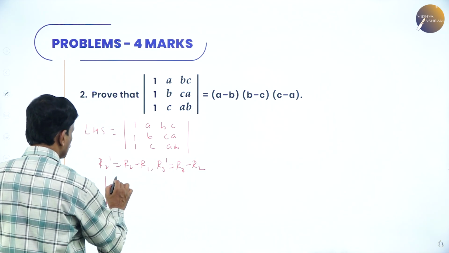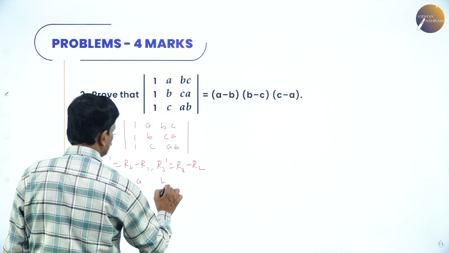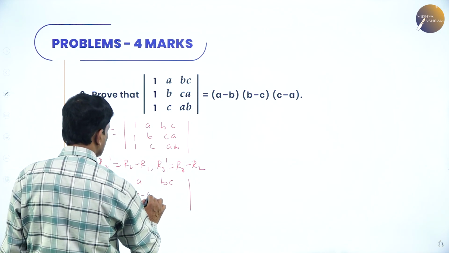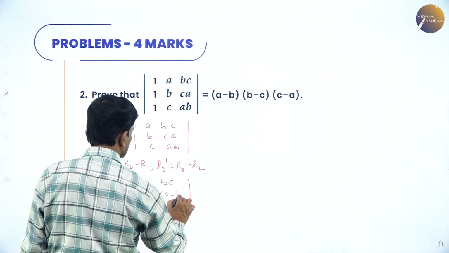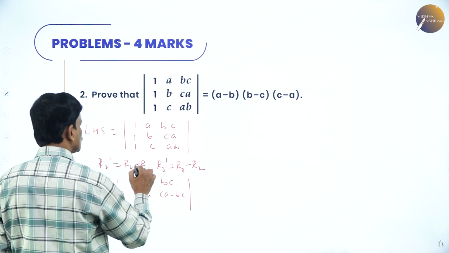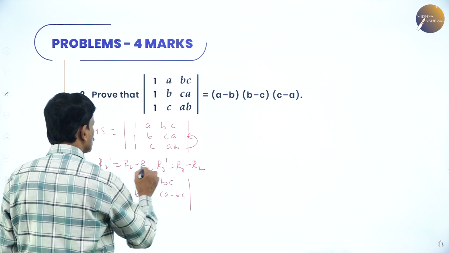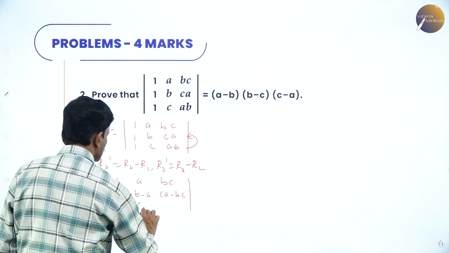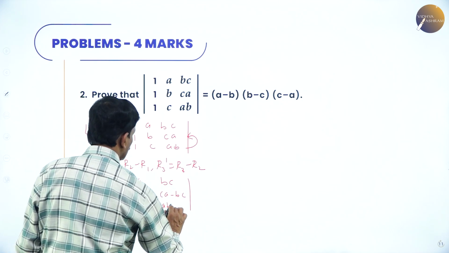The first row is the same: 1, a, bc. In the second row, 1 minus 1 is 0, b minus a, and ca minus bc. Again R3 dash is equal to R3 minus R2: 1 minus 1 is 0, c minus b and ab minus ca.